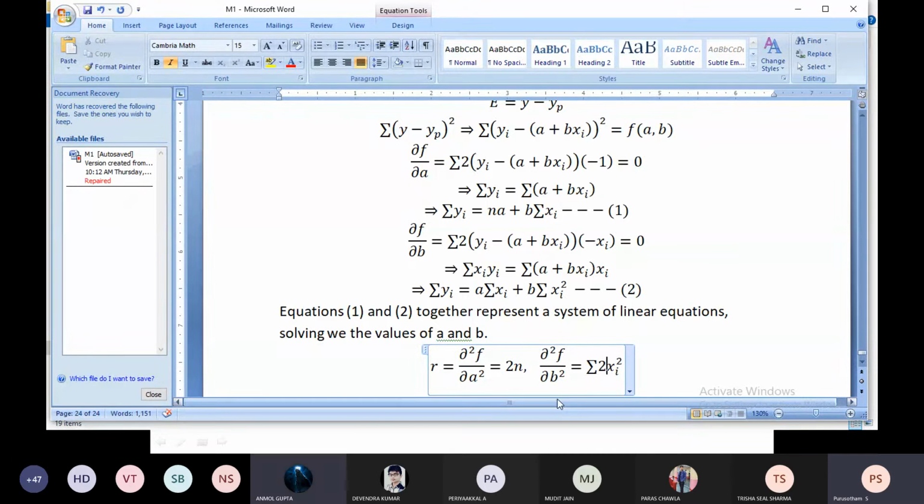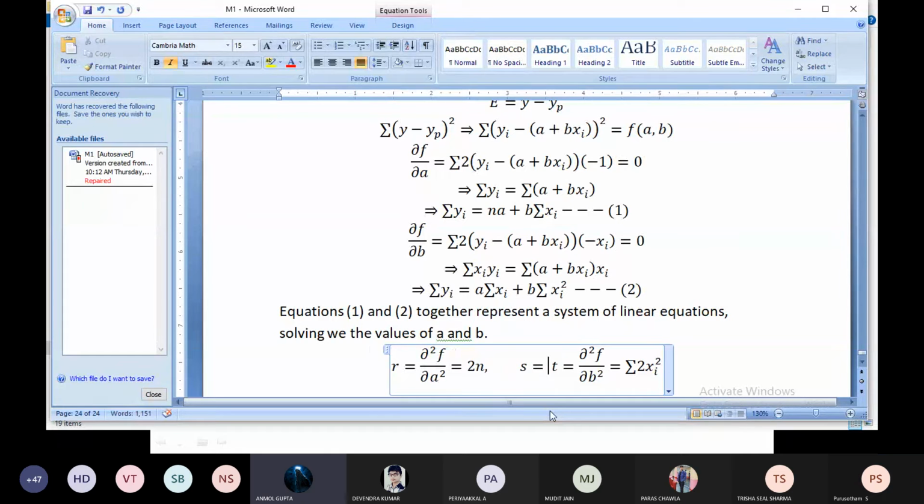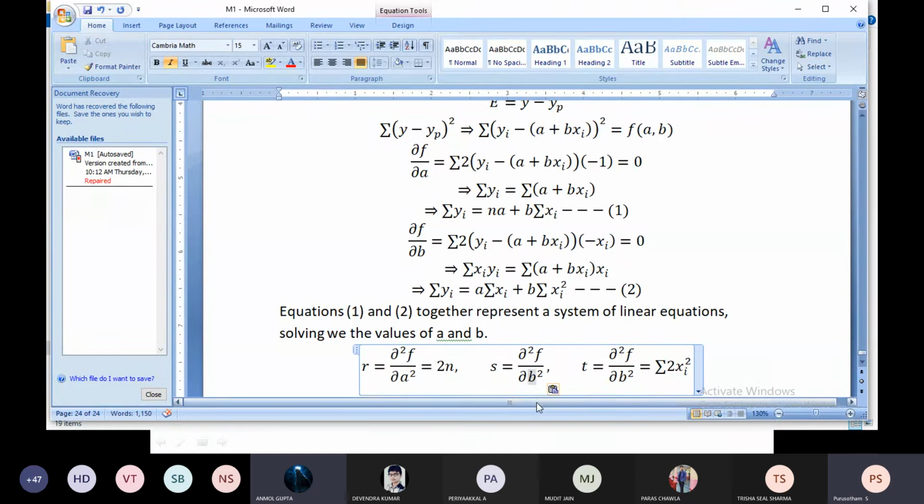Dou square f by dou b square, right? Yes, sir. So this may be treated as t. What is s then? Or st? Dou square f by dou a dou b, right?